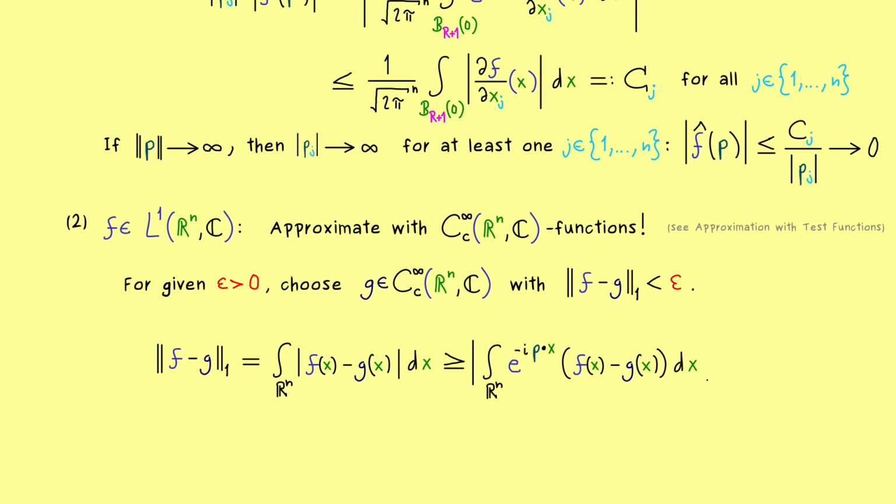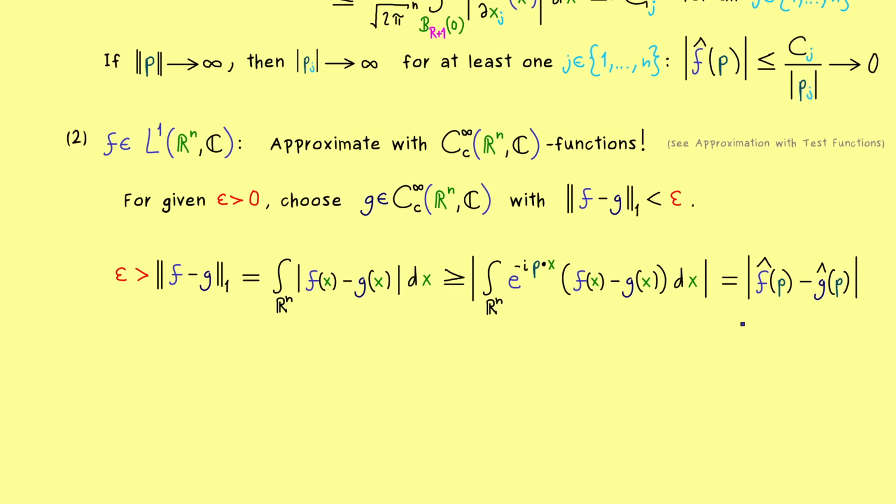And this should not surprise you, because you already know that in the end we want to talk about f hat. And now you see we simply have the difference of f hat and g hat. And moreover, we already know, no matter what point p we choose, that this difference is less than epsilon. However, we should never forget that we talk about complex values here, so when we want to talk about distances, we always need the absolute value.